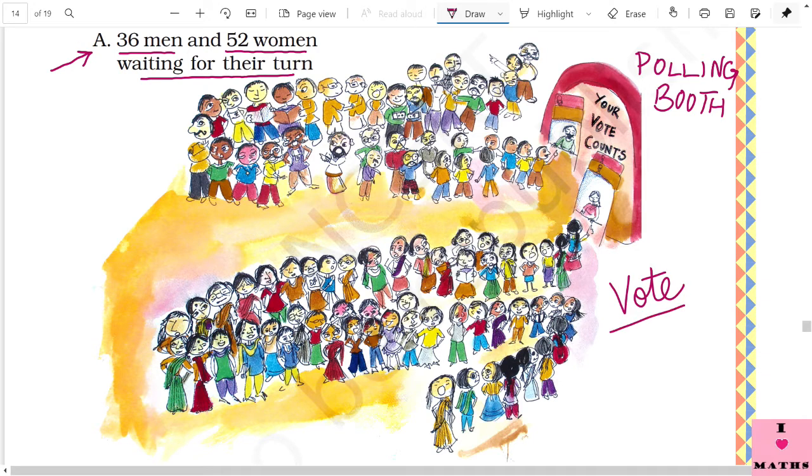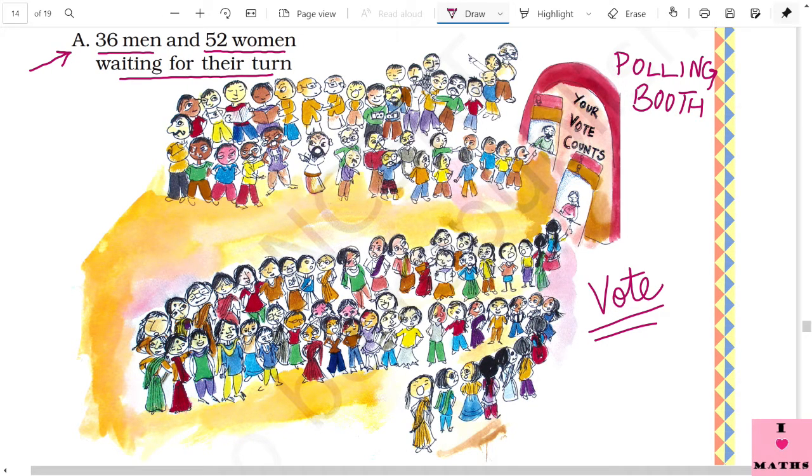Now, when we vote, then we go to a polling booth, which is usually a school. A school is made as a polling booth where all the people come with their voter ID card and they vote. Okay, now 36 men and 52 women are waiting for their turn.